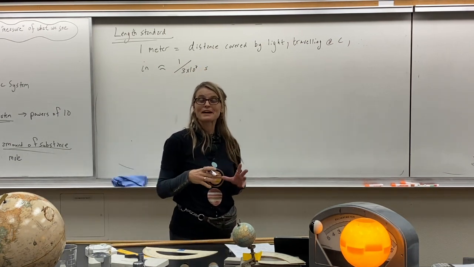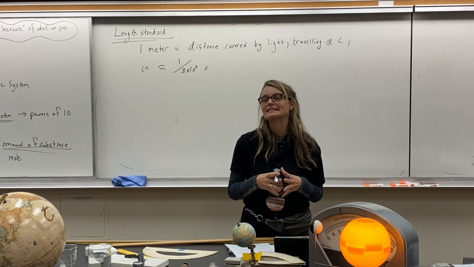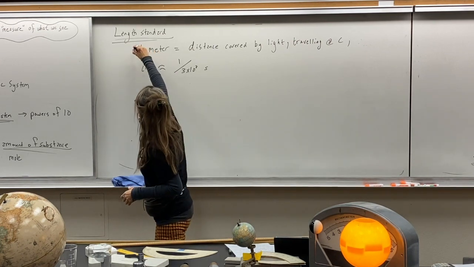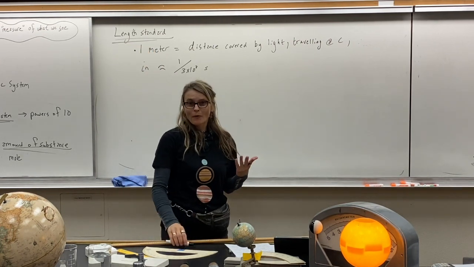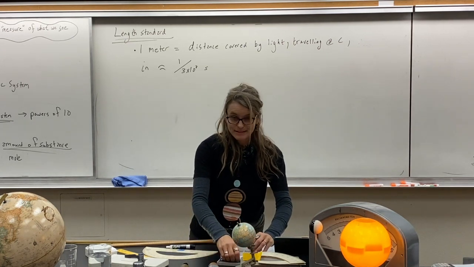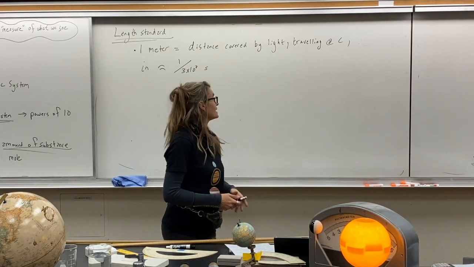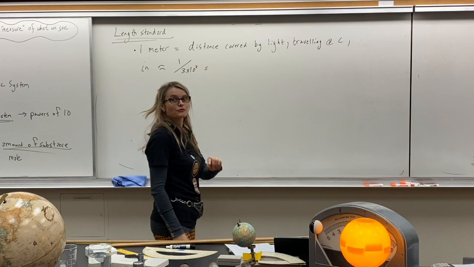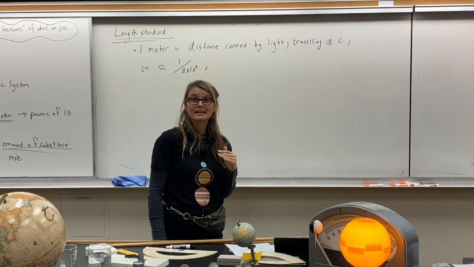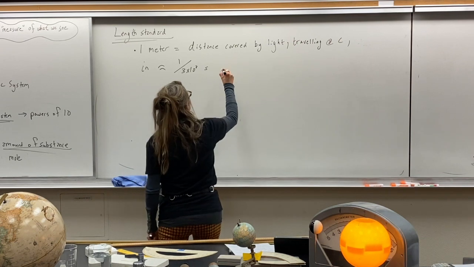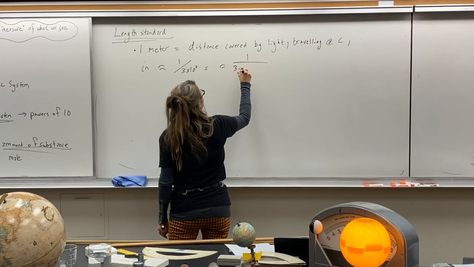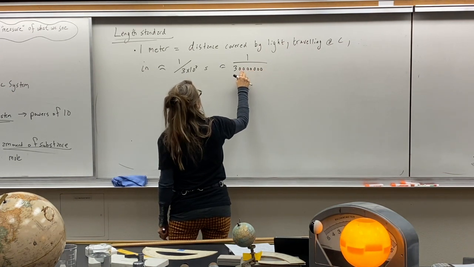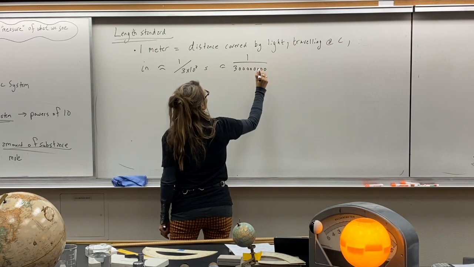Okay, so remember before I said the speed of light is approximately 3 times 10 to the 8th meters every second? Well, this comes back to how a meter is defined. Ordinarily you can't see this speed, right? 1 second goes by really fast, so this fraction of a second, 1/3 times 10 to the 8th second, is 1/300 millionth of a second.